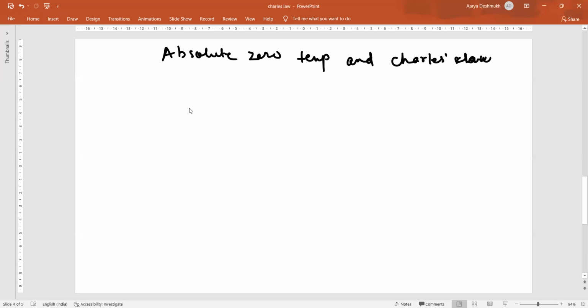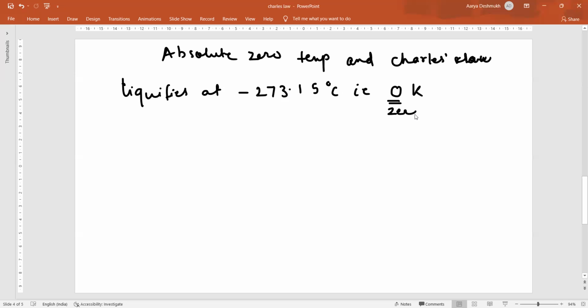Now in practice, all gases liquefy at a temperature higher than minus 273.15 degrees Celsius. That is 0 Kelvin, and this is nothing but what we call absolute zero.